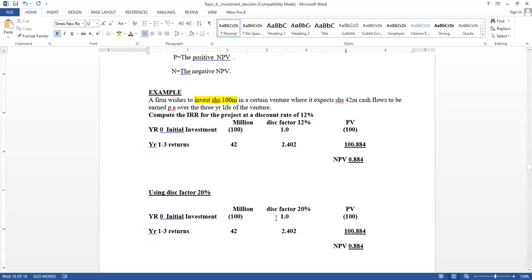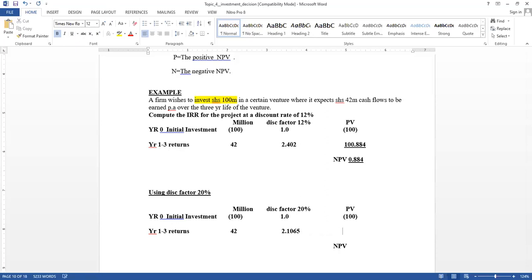Of course for year 0 it is 1. Then year 1 to 3, I need to look for the 3-year annuity at 20%. What do you get? It is 2.1065. The other one was 2.4. So this one is going to be 2.1065.